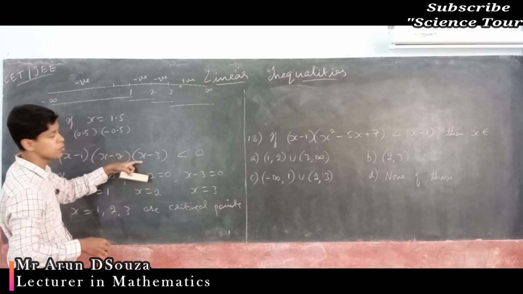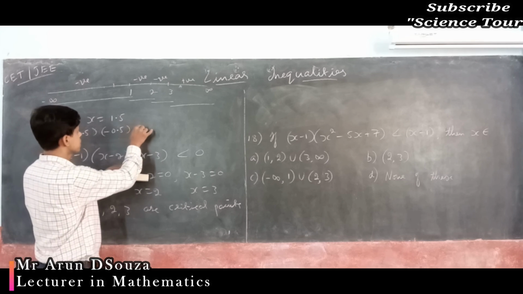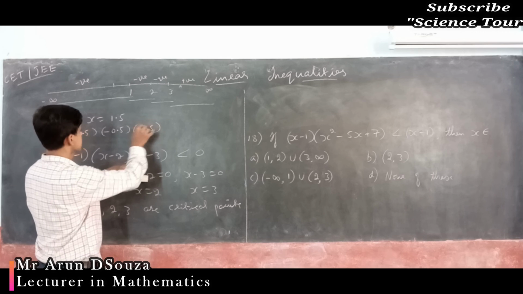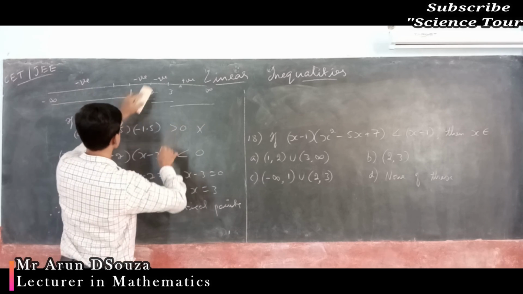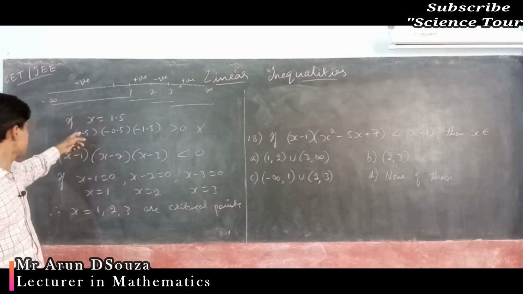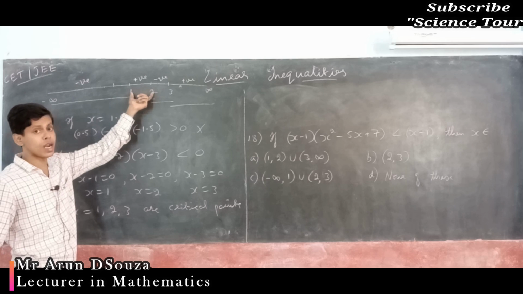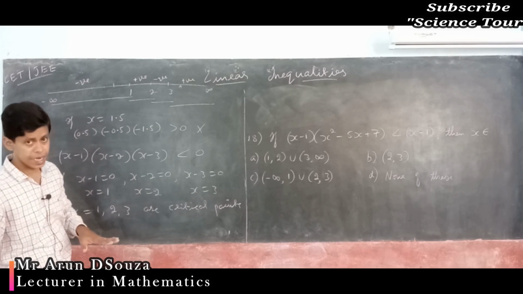And if you put 1.5 here, that will be minus 1.5. Look at this, both negative, that's positive. So that is also not accepted. This is positive, I am sorry. So if you are putting any value between 1 and 2, you are getting positive. That is not accepted. It must be negative, correct?